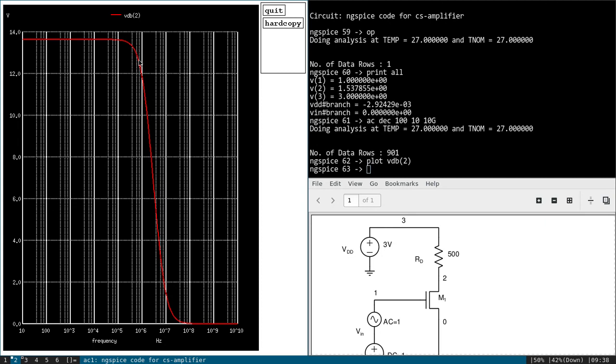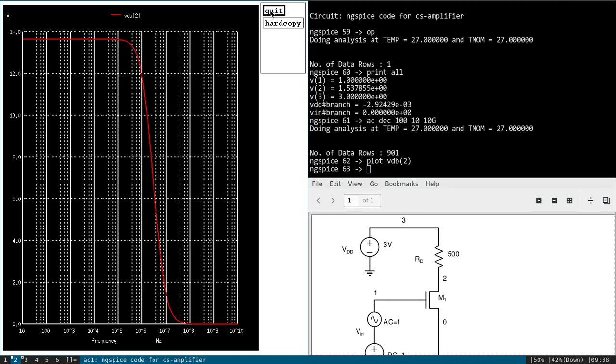But at high frequency, due to junction capacitance, the gain falls. So this is a typical response of a common source amplifier. So you can again calculate 3 dB from this, and from the calculation you can first find the cutoff frequency, and from the simulation you can verify it. So this is the dB scale magnitude.